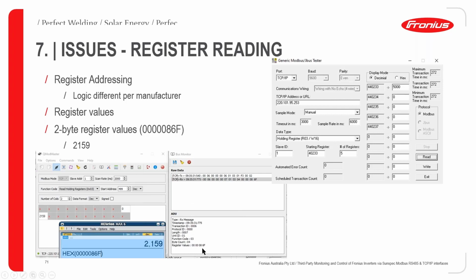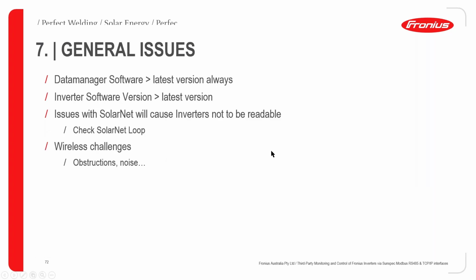At the bottom, you'll see the register values from the tool I used previously, QModMaster, and how that's all combined in the tool on the left. What's the actual value that we see? In this situation, it's the same because the first register is 0, but that can change. So that's a quick guide to troubleshooting that.